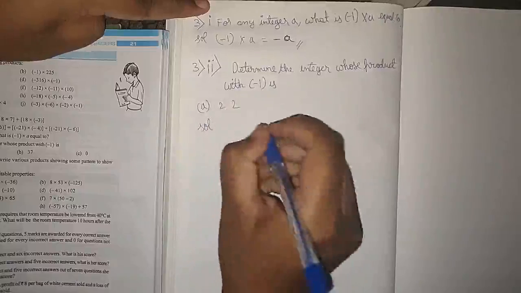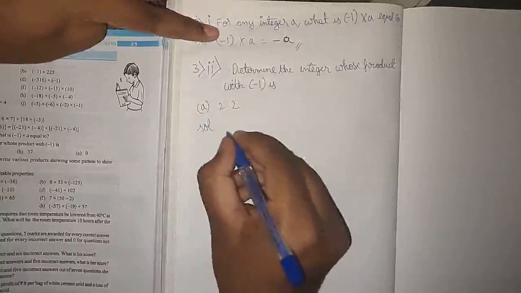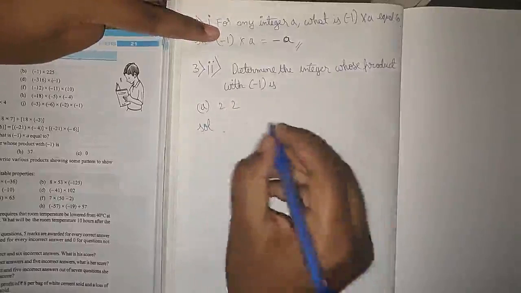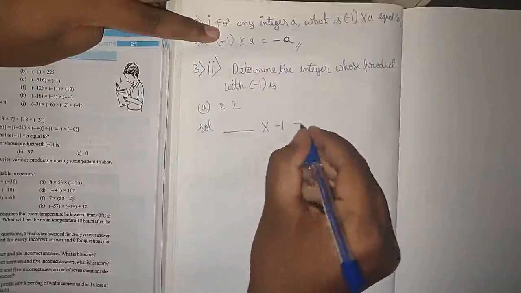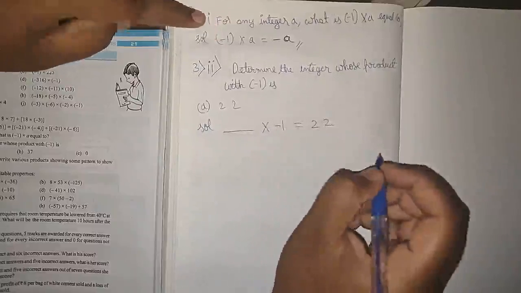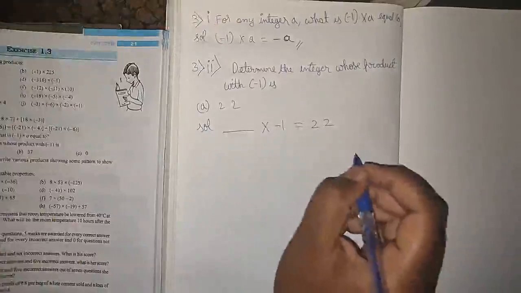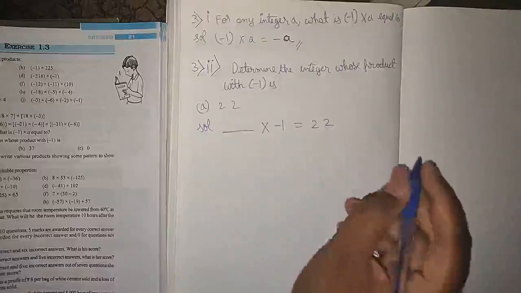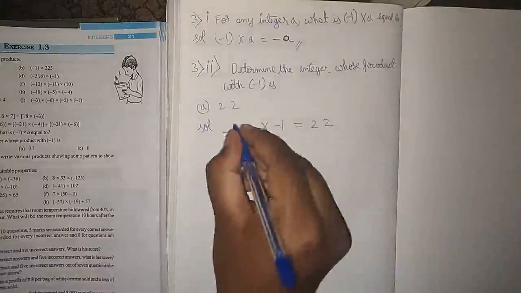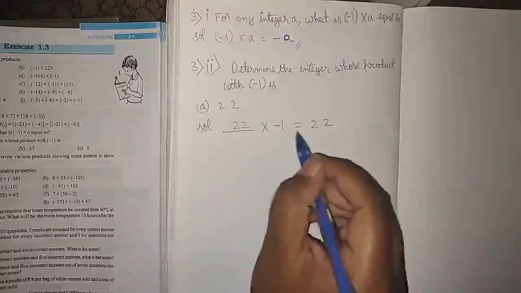First one solution will be, so see what they are asking, no? Dash into minus 1 will give you 22, they are asking. So you know, no? 1 into any number will be the number itself. So I will write down 22. So I should deal with the negative sign.